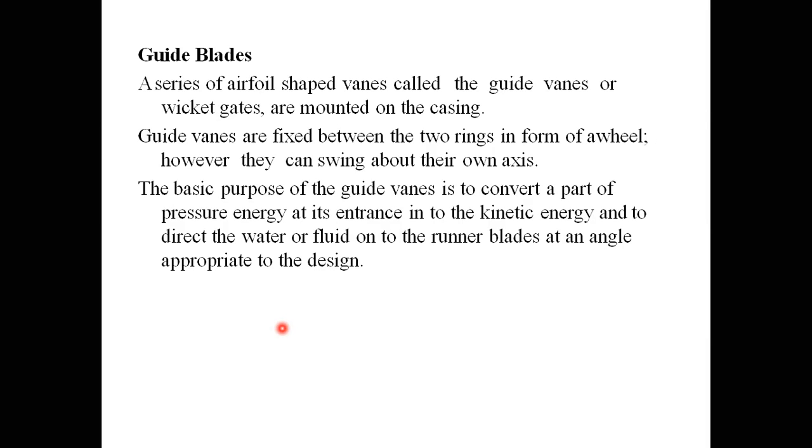The basic purpose of guide vanes is to convert a part of pressure energy at its entrance into kinetic energy and to direct the water on the runner blade at an angle appropriate to the design.